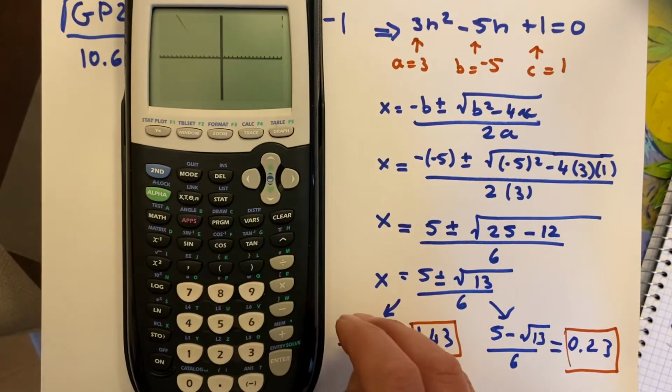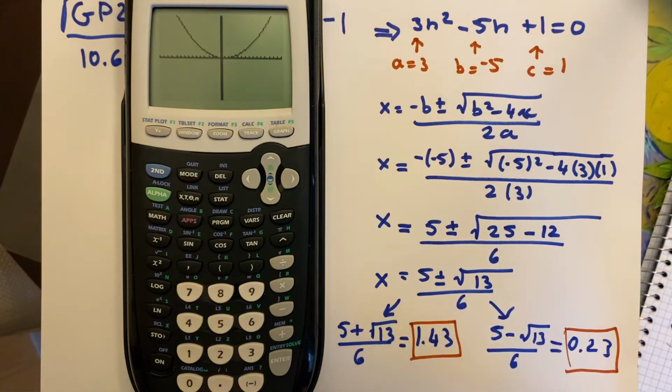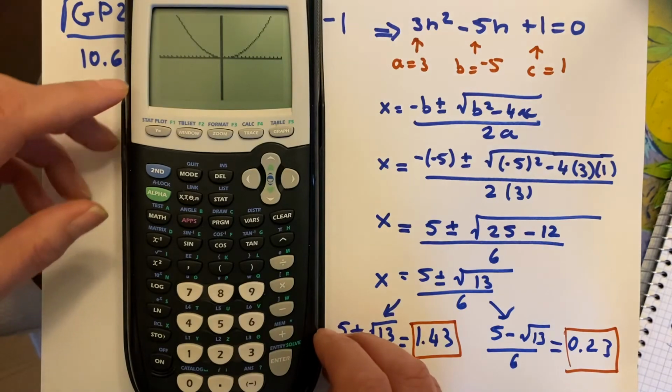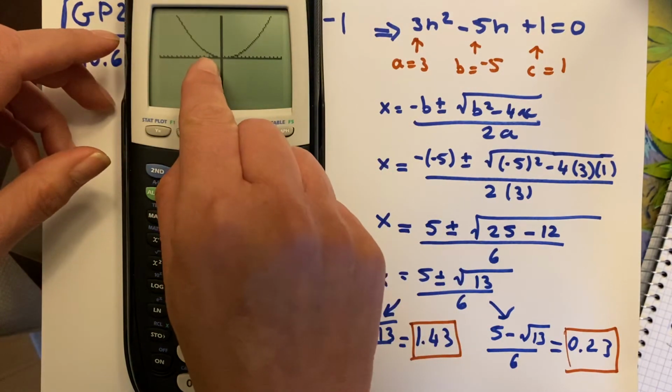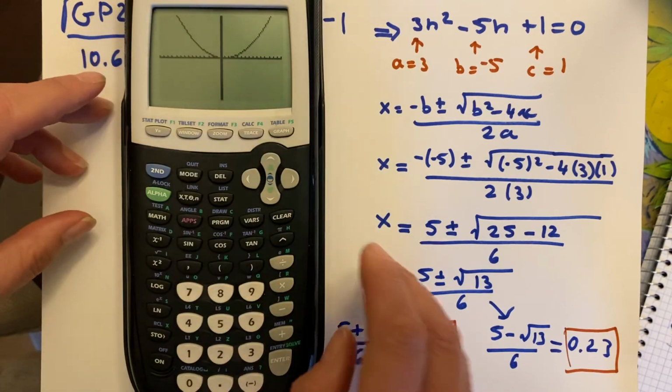Let's see what happens if we graph it. Hard to see. We'd have to increase our window, but it looks as if you have two intercepts right around here. 1.43 and 0.23 look pretty close.